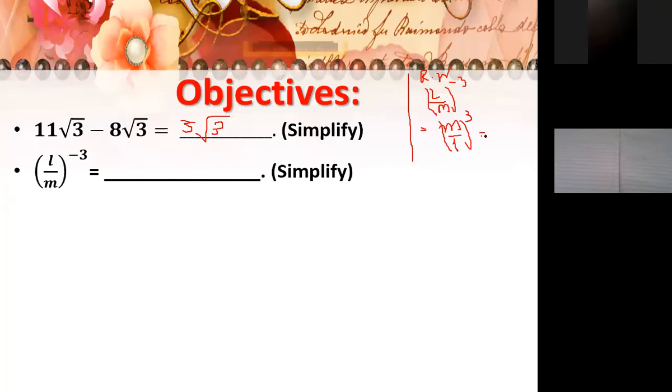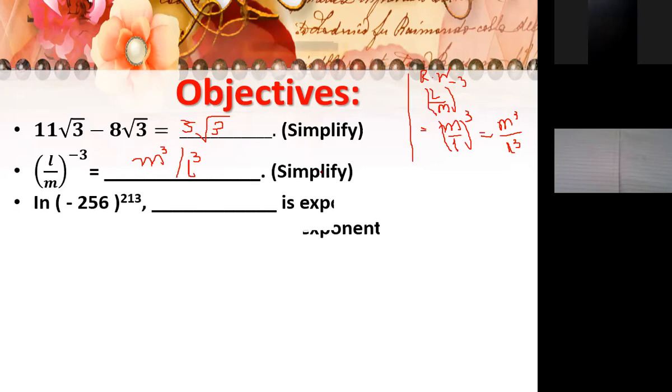Now the answer will be m cube upon l cube. So answer you will write here m cube upon l cube, right? Is it clear? No, not inside the bracket. You have to give power to each term, numerator and denominator, Abdul Rahman. So answer will be m cube upon l cube, right?